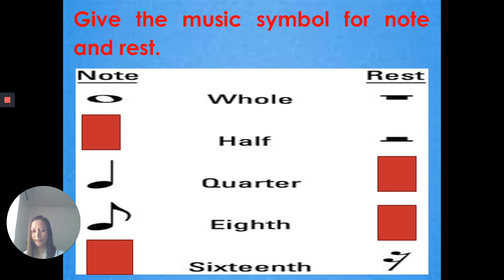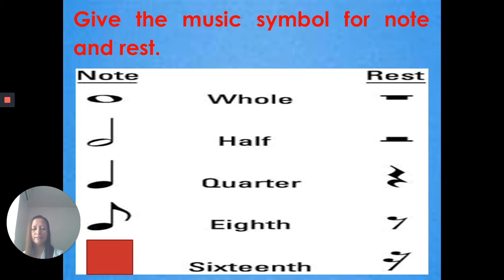Okay, correct. Half note? Correct. Quarter note or quarter rest? Correct. Eighth rest? Correct. And 16th rest, 16th note? Correct.